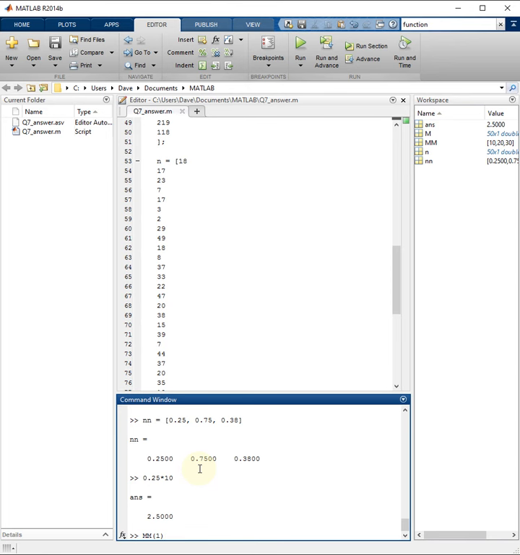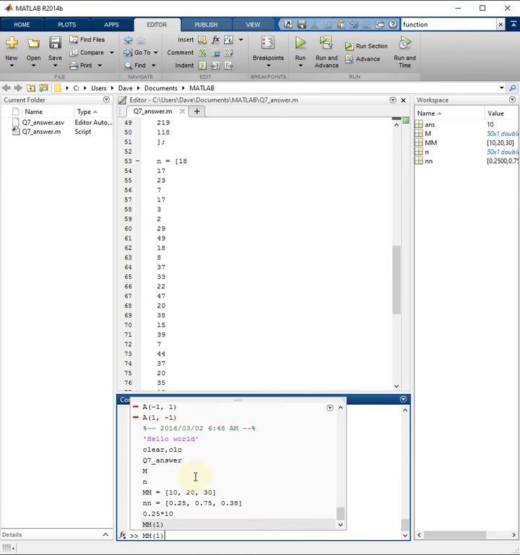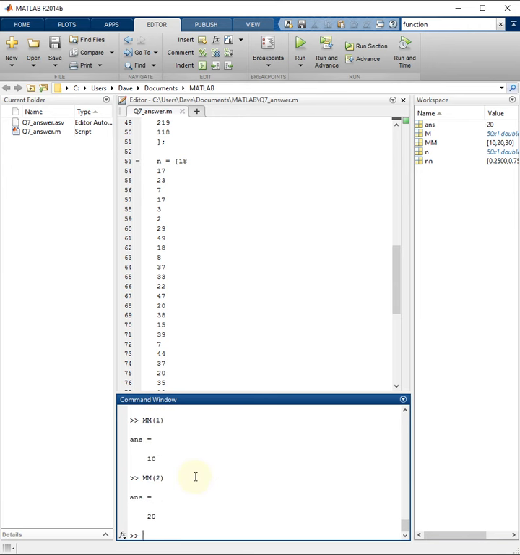MM, round brackets 1, gives me 10, which is the first element inside this vector MM. If I wanted the second, I could write 2. If I wanted the third, I could write 3. And they would give me the corresponding molecular weights for this MM vector.